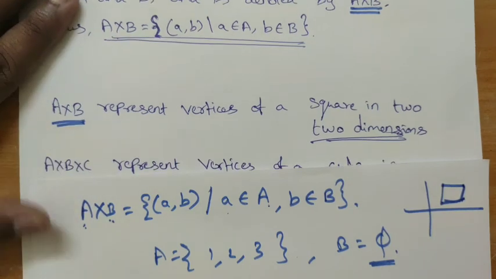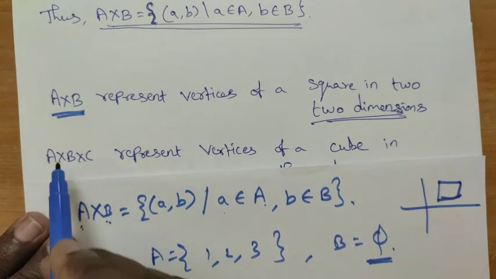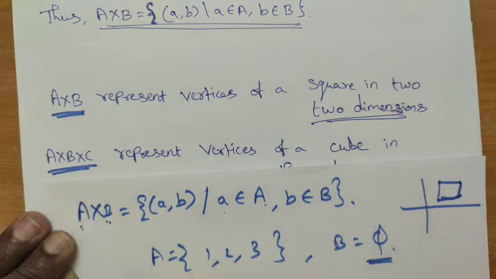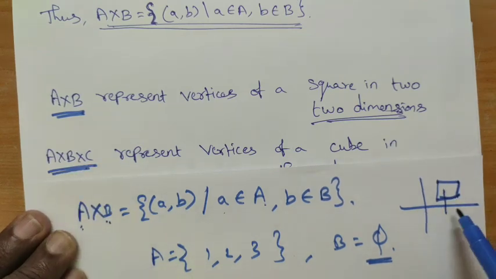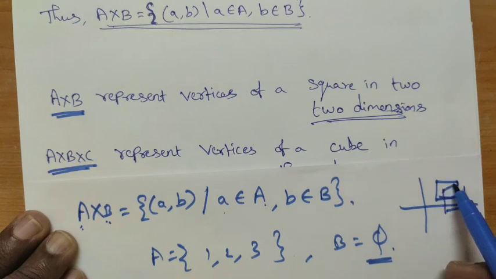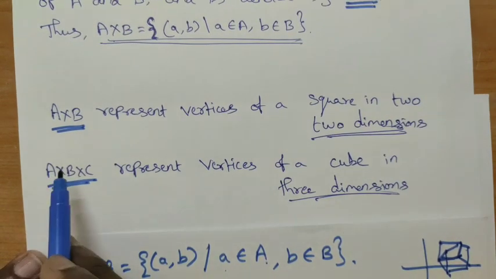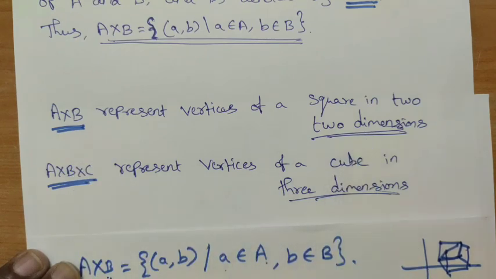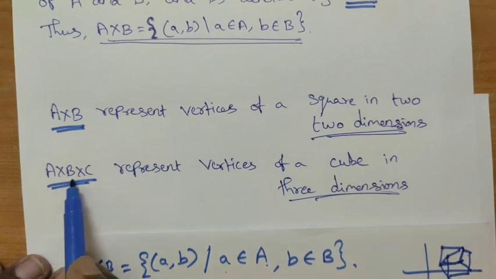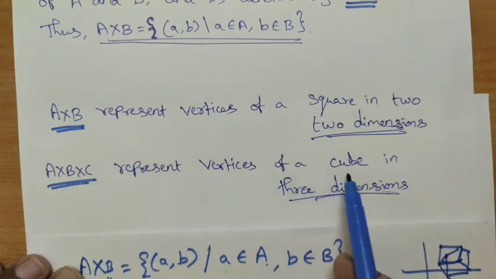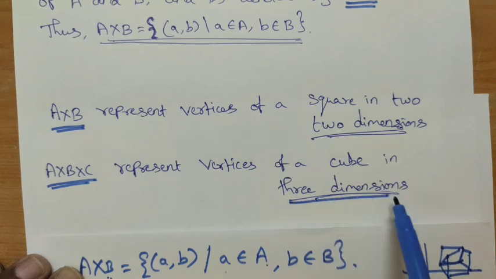Suppose three sets are given, A cross B cross C: it is always a three-dimensional object. A cross B always represents a two-dimensional object, as we used in graphs in lower classes. A cross B cross C represents the vertices of a cube, a three-dimensional object.